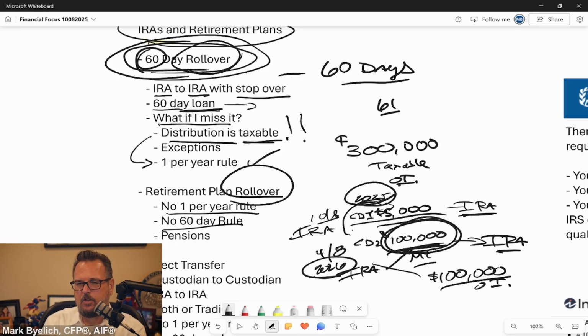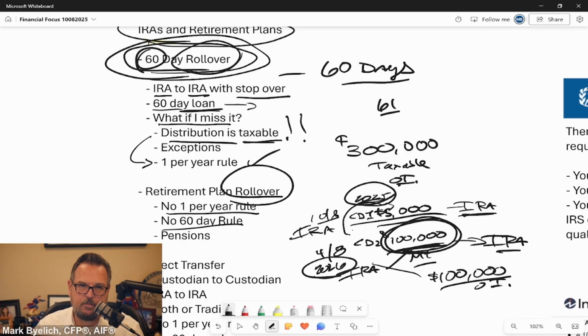So you can transfer or roll over as many times as you'd like from a retirement plan within that 365 days. And you don't have a time limit. You can take that check that's made out to the custodian and hold it for as long as you want. It doesn't make sense to usually, but there's no 60-day requirement. Calendar year requirement doesn't matter.